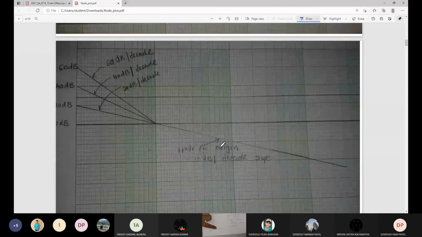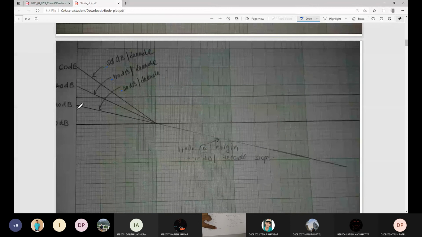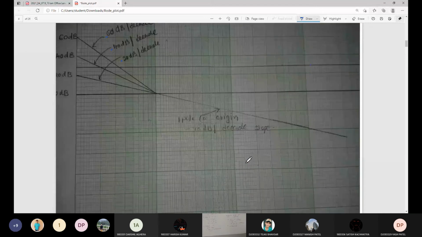So what I will do? I will extend this line of minus 20 dB per decade from here. Okay, I will write one pole at origin. It is nothing but minus 20 dB per decade. This is my 26 line, which is already there. Next will be your minus 20 dB per decade. Okay, factor number 2 is nothing but pole at origin.